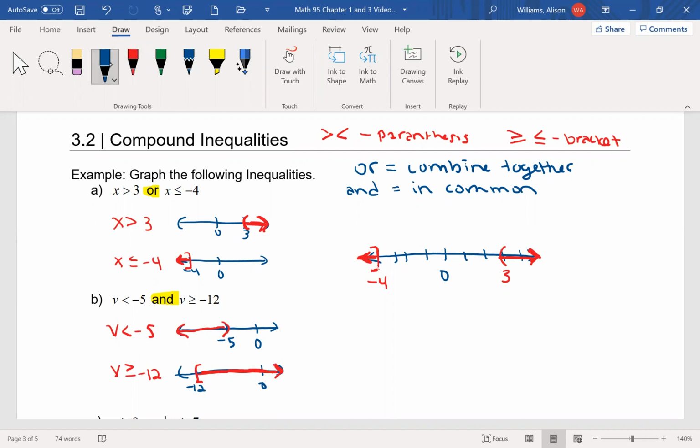And what they have in common are all of the numbers between -12 and -5. So I'm visually looking at where the two of them overlap each other, from -12 up to -5. They share those points in common on the number line.